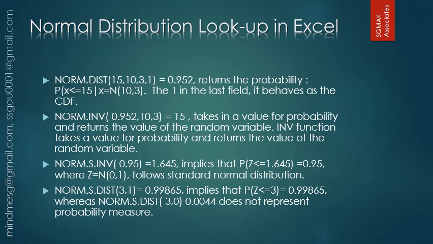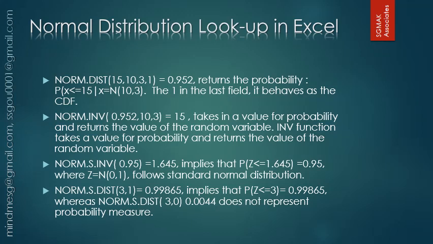Norm.distribution 15, 10, 3, 1. There are 4 arguments. The first one is the value of the random variable, 15. The second field is the mean of the normal distribution, 10. The third field is the standard deviation. And the fourth field can take either 0 or 1.